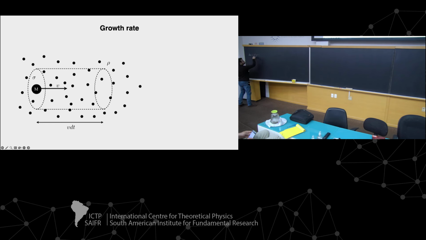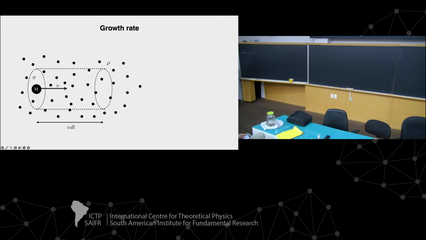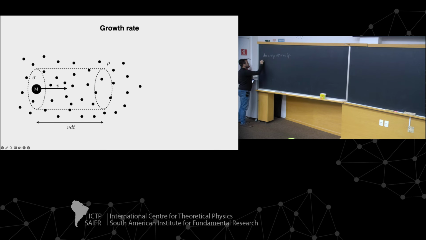The volume, you can see it from there. You can write it in terms of the cross-section, which is sigma, and then the speed v, the velocity by which it goes through the medium, and dt. So this gives you the volume, and then the density. If you divide it by dt, then you have the mass accretion rate. Quite a simple estimate.